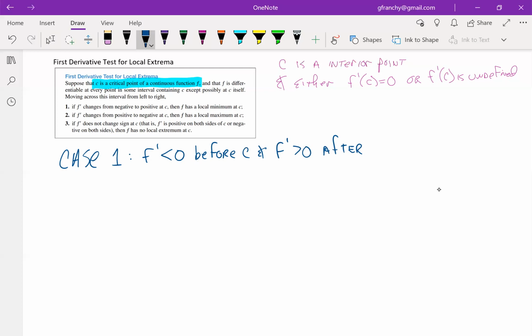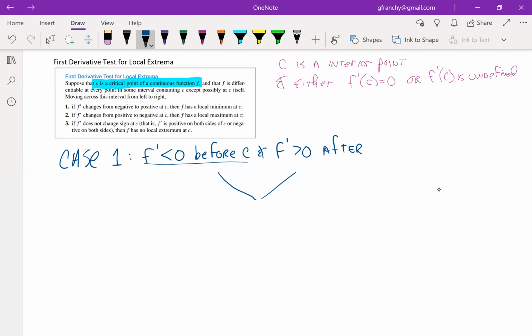So if the derivative is negative before C, that means that it has to be decreasing. If it's positive after C, that means it has to be increasing.